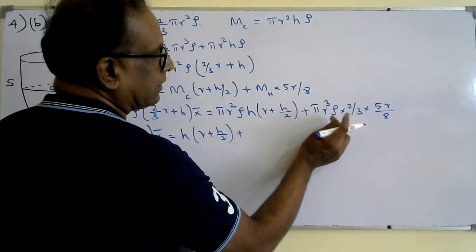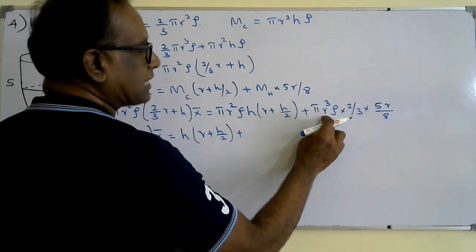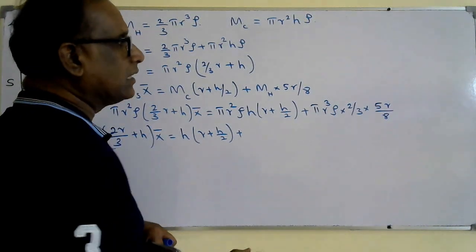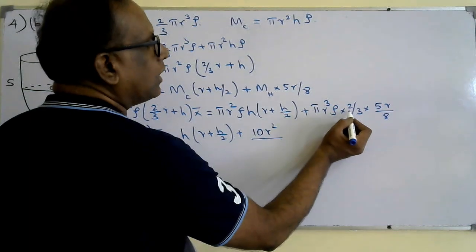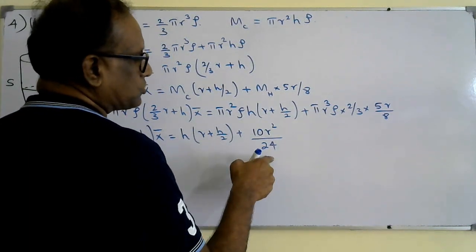So pi r squared rho cancels with all those things, so that remaining is r into 2r by 3 into 5r by 8, so that is 10r squared over 24. That we can write 5r squared over 12.